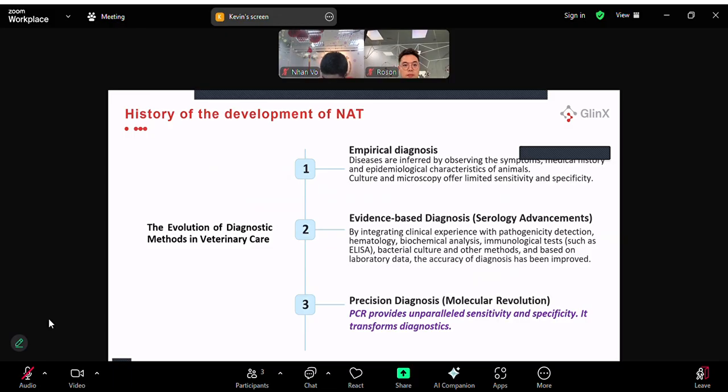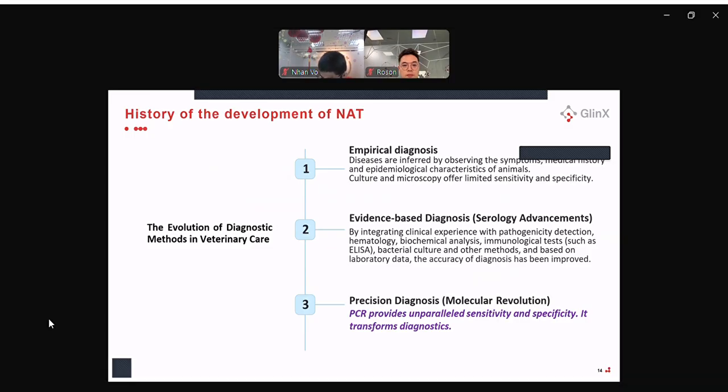And bacterial culture in this stage helped the veterinarians a lot to conduct clinical diagnosis of the disease. This method significantly improved the diagnostic accuracy. However, there are still some limitations. The immunological methods, like the rapid tests, still have a lot of limitations.